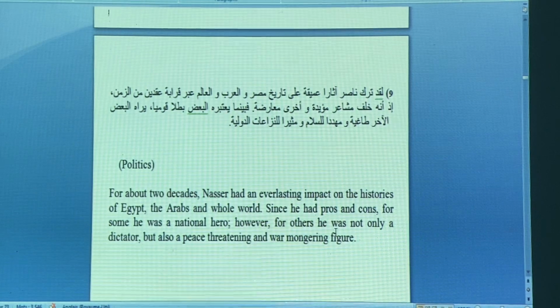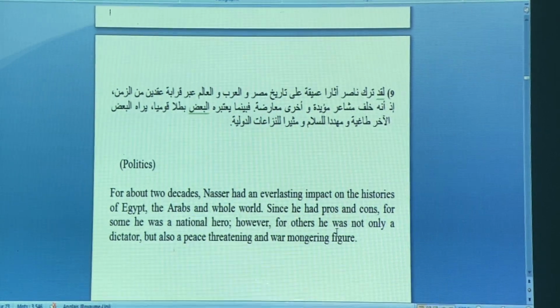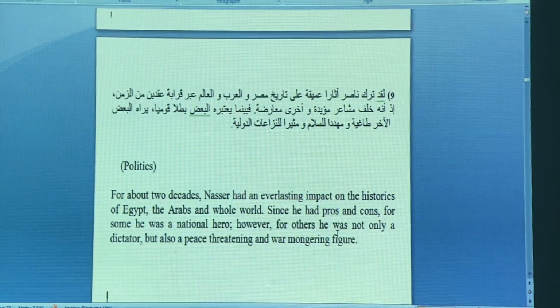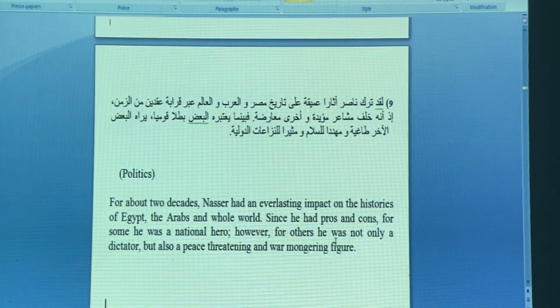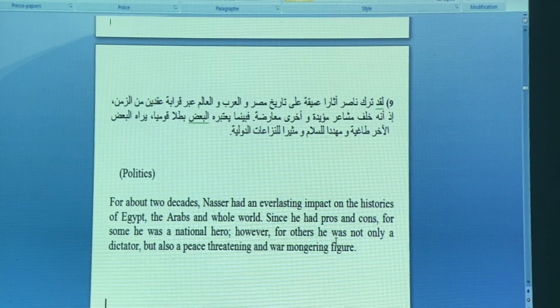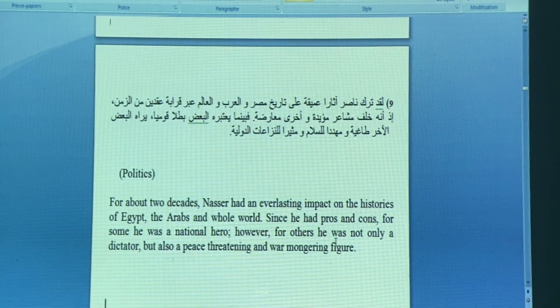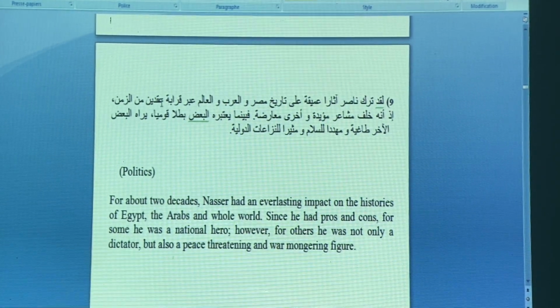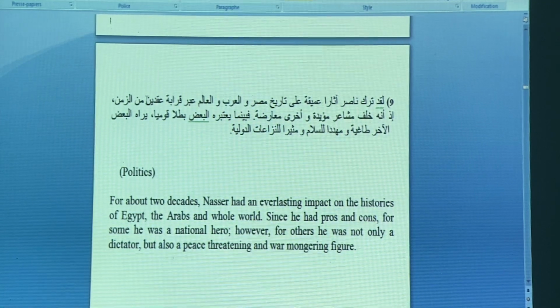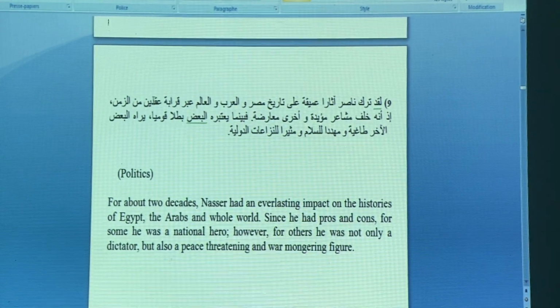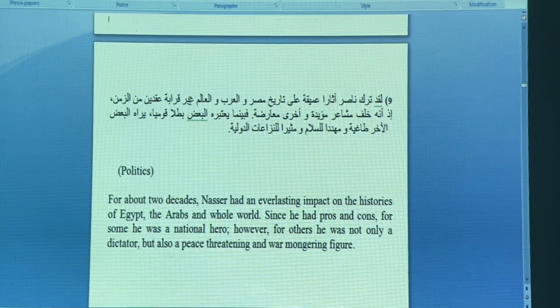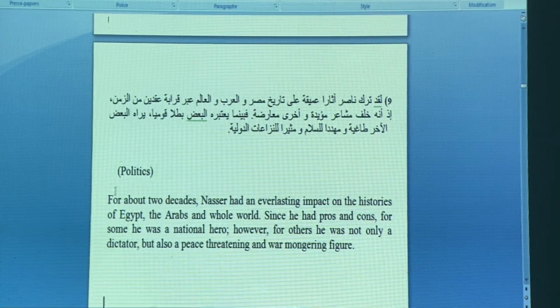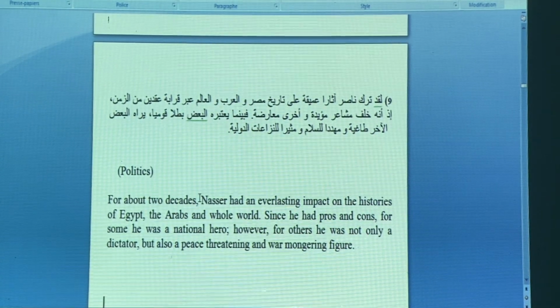So the context here is politics. When you translate text like this, you have to be careful. Again, as I told you, look for the adverbs. For instance, here we have عبر قرابة عقدين من الزمن. So this indicates the adverb of time. I prefer to start with it in English, so we say for about 2 decades.